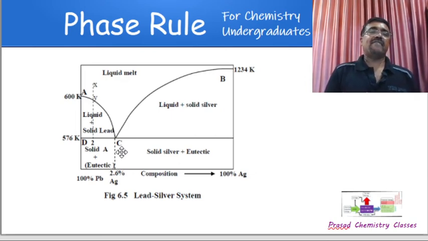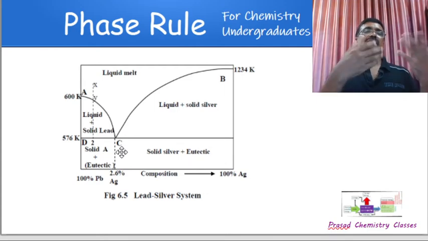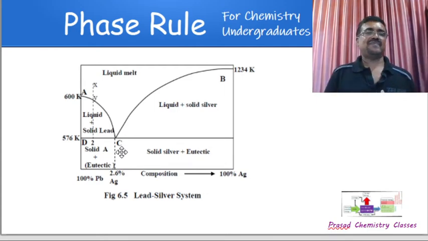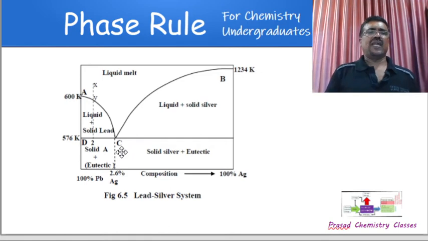The concentration of silver you can increase up to 2.6% by simply melting and cooling. That is it. Now you can utilize chemical methods to separate silver from it. Usually lead is easily oxidized and blown off. Silver is not that easily oxidized, and in that way we can separate silver. Pattinson process it is known as.